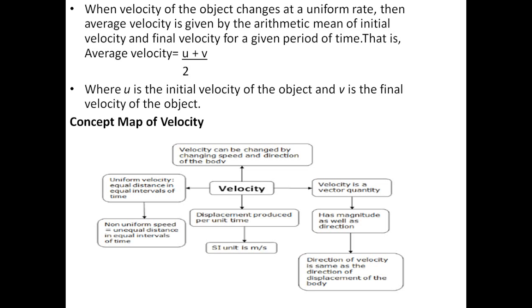So there is an equal change in the distance they are covering at equal intervals. In that case, we will take the previous velocity of the body and the final velocity of the body, and we can calculate the average velocity, where u is the initial velocity of the object and v is the final velocity of the object.